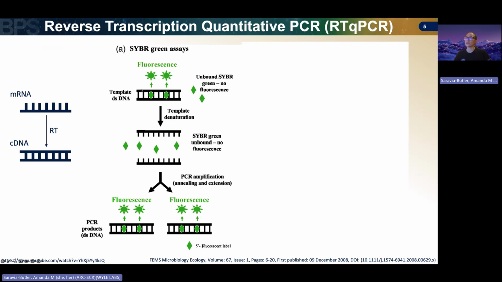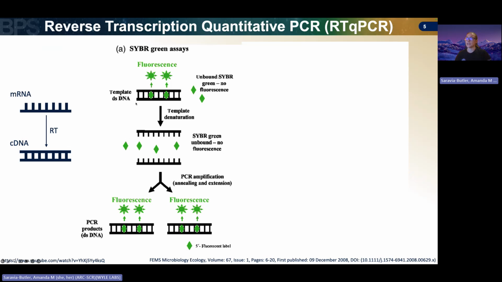Every time you start with cDNA, your region of interest is copied. In that last step of the PCR cycle, the SYBR Green will bind to the double-stranded cDNA of your target region, producing a light signal.